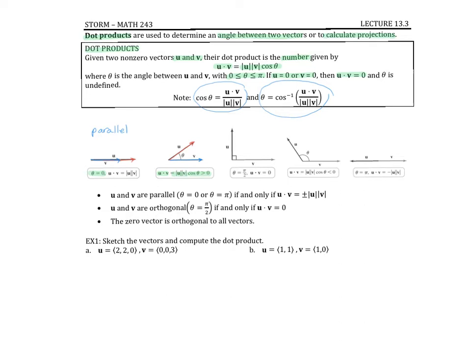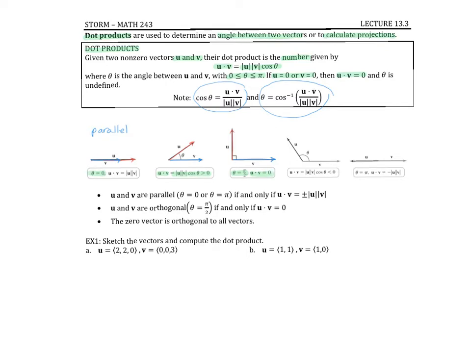The third case we're going to look at is if u and v are perpendicular, which happens if the angle theta formed is a right angle. In that case, theta is going to be pi over 2 or 90 degrees. Because cosine of theta is going to be 0, the dot product will also be 0.